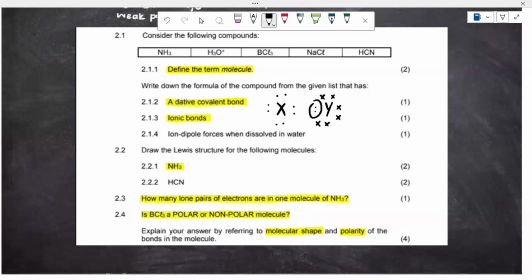Compound X doesn't necessarily need anything from compound Y, but in order for them to bind, compound X can provide the full shared pair of electrons. So compound Y just binds onto compound X, and this is the bonding pair, the shared pair of electrons, but both of them are coming from compound X.